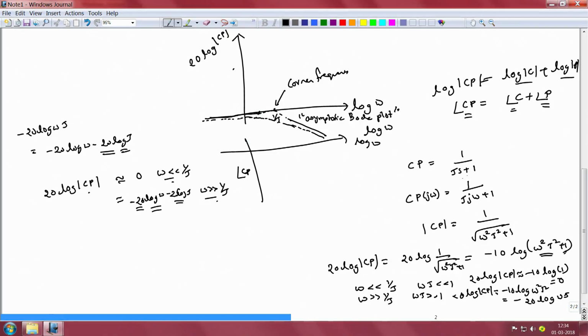And since our physical system would be a cascade of terms of this kind, either in the numerator or in the denominator, essentially our Bode plot would get transformed to a set of broken straight lines, and likewise the Bode plot of the controller would also be a set of broken straight lines. This makes it all the more easy for us to anticipate how the Bode plot of the final open loop system C times P would look.